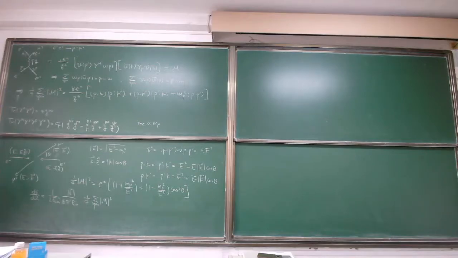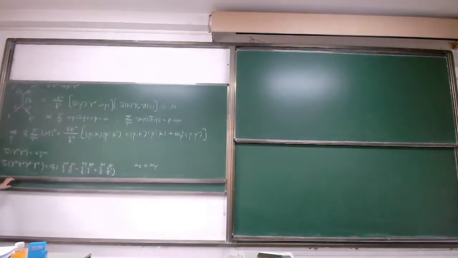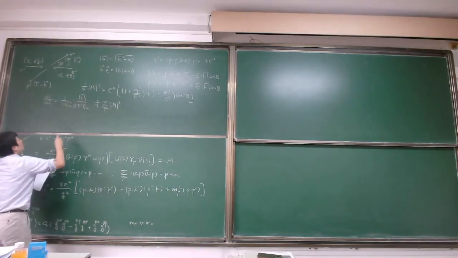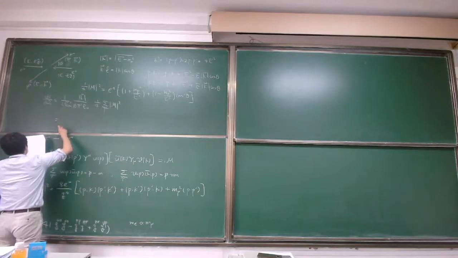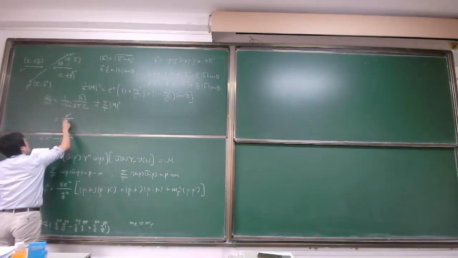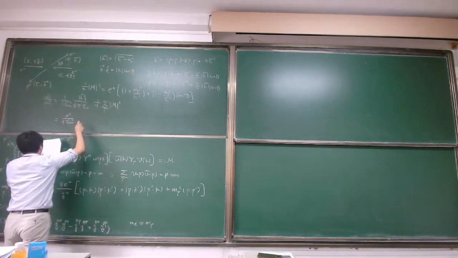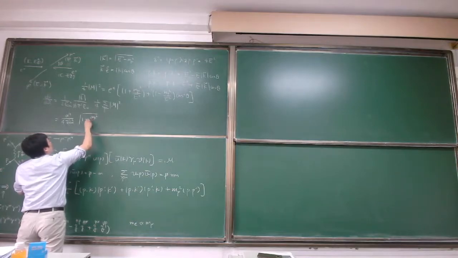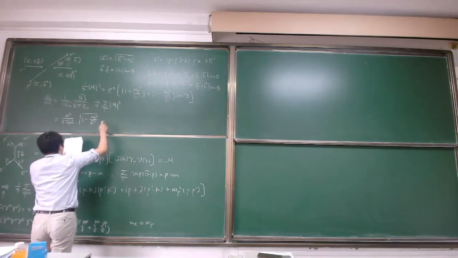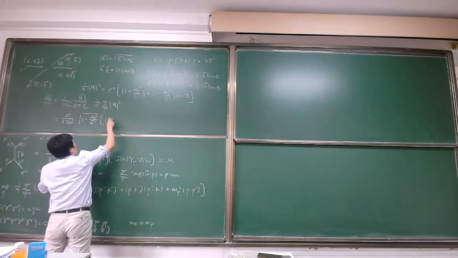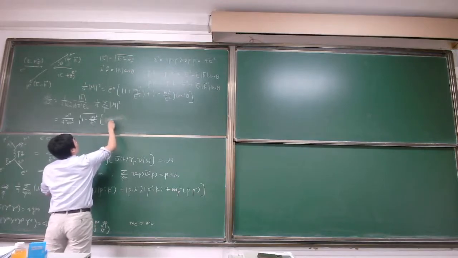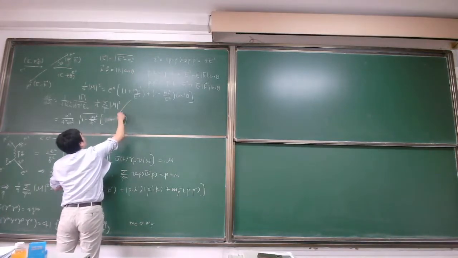Just plug that one into here, and what we found is that this is equal to alpha squared over ECM squared, times the square root factor one minus m squared, and so on. Okay, let's not write it down like this one. It's exactly the same.